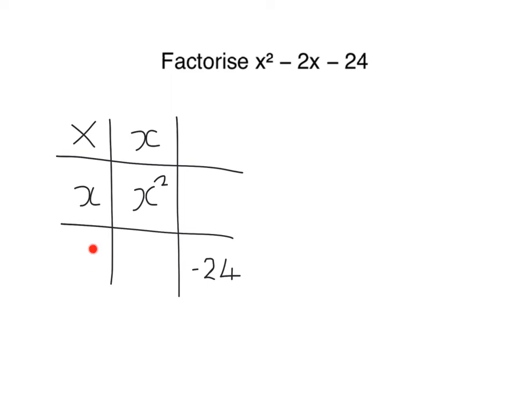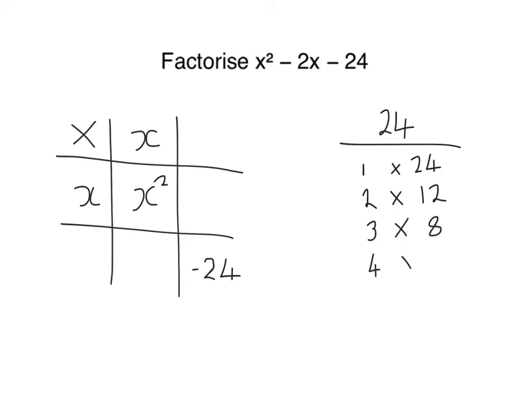I know that something times something must give 24. So I'm listing my factor pairs of 24. 1 times 24, 2 times 12, 3 times 8, 4 times 6, 5 doesn't go into it, and then I'm repeating myself.